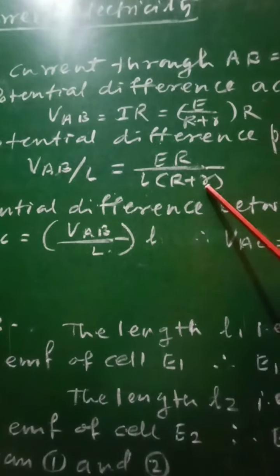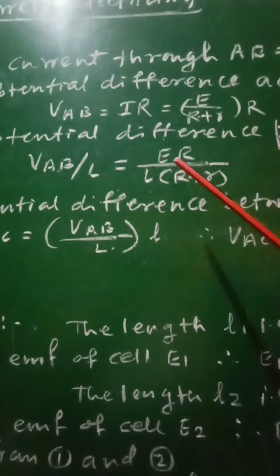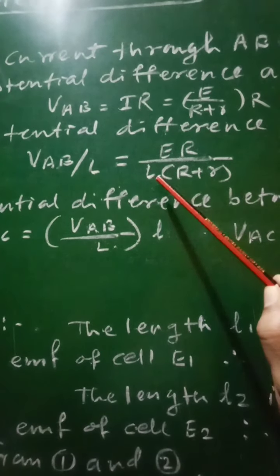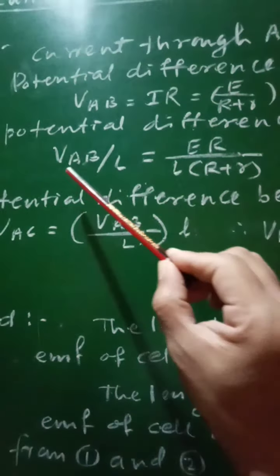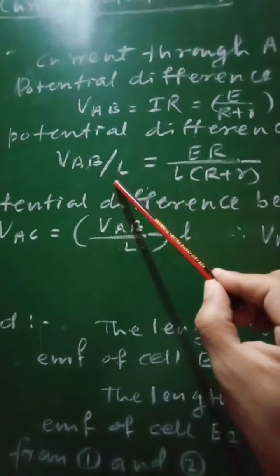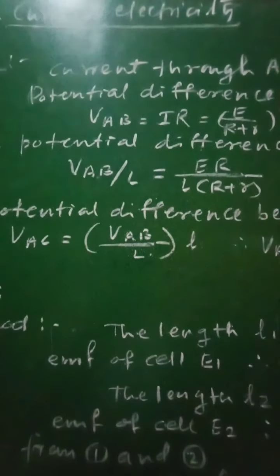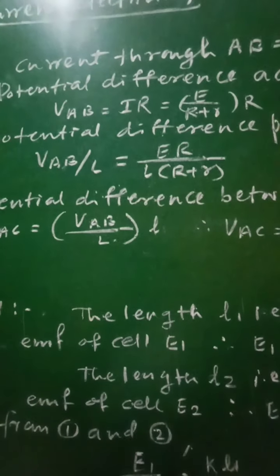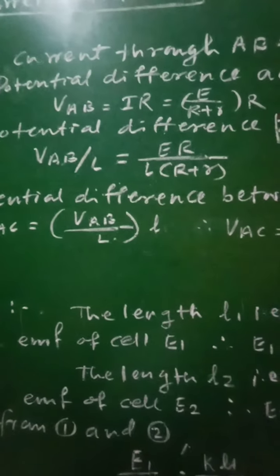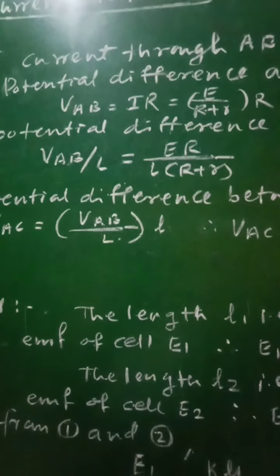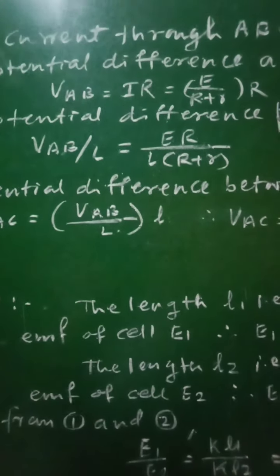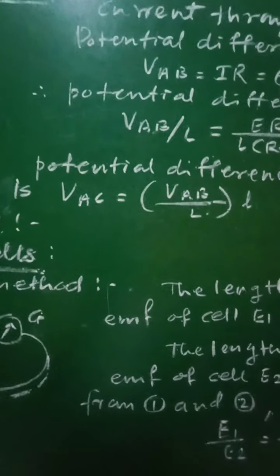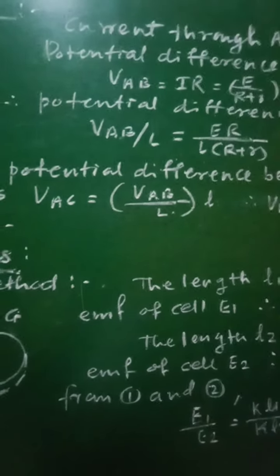Now both these R are constant, E will be constant, and therefore if L remains constant, then phi AB upon L, this ratio, will be constant. So L is the length of the potentiometer wire and it will be constant, so that this total factor phi AB upon L will be constant, which is called the potential gradient of that potentiometer wire.